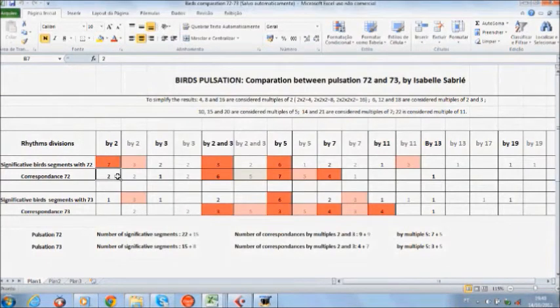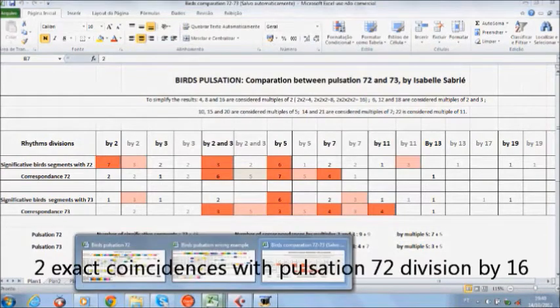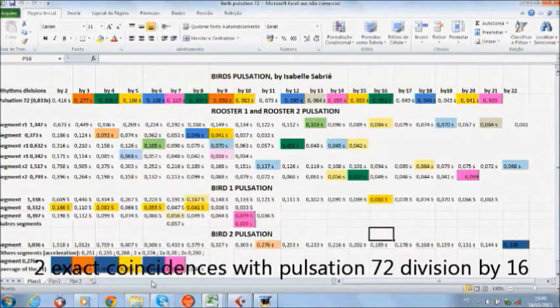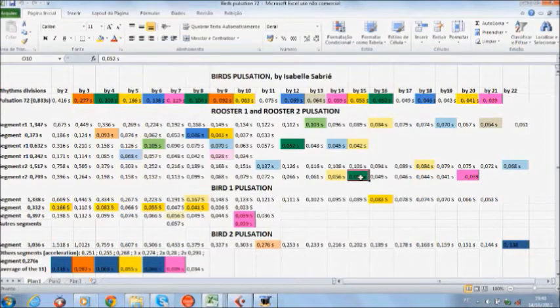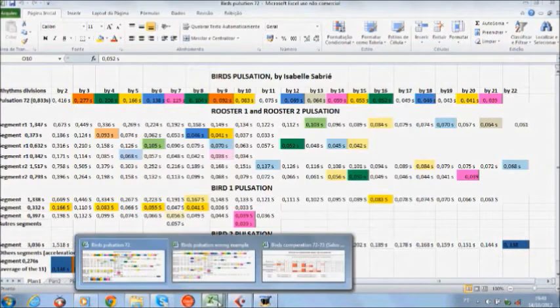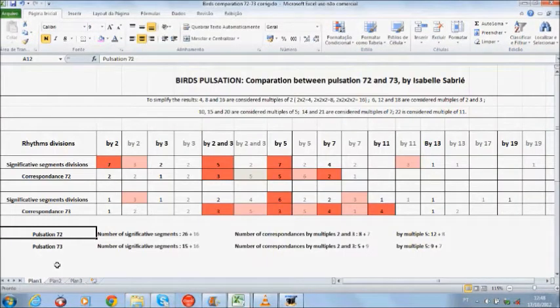Here we see 2. What does that mean? It means that for the green ones, which are multiples of 2, we see 2 exact coincidences with the segments of the birds we analyzed. What do we observe now?